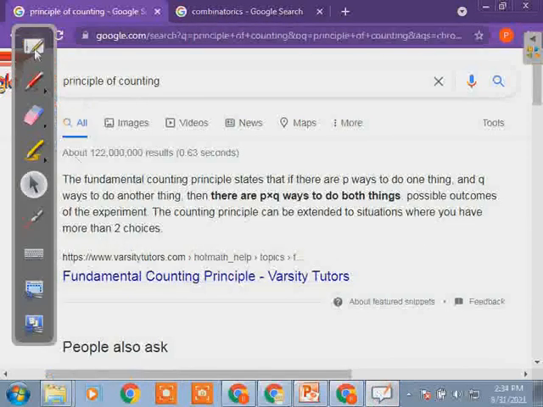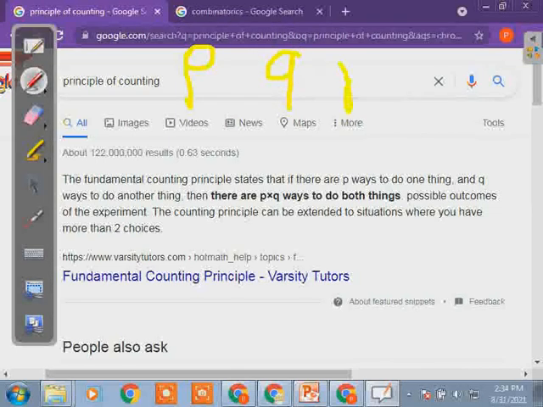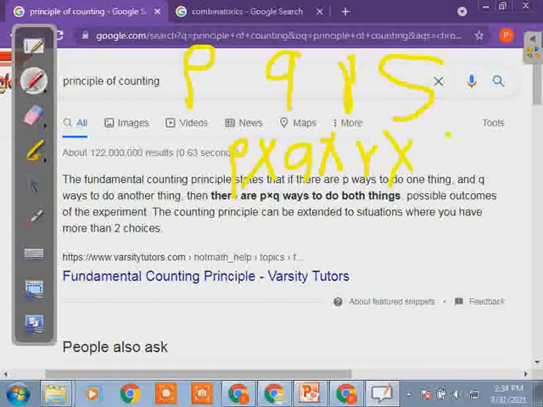So what that means is, if we have p ways for the first thing, q ways for the second thing, r ways for the third thing, and s ways for the fourth thing, then if we say that there are p number of shirts, q number of pants, r number of ties, and s number of shoes, the number of ways we can dress will be p into q into r into s.